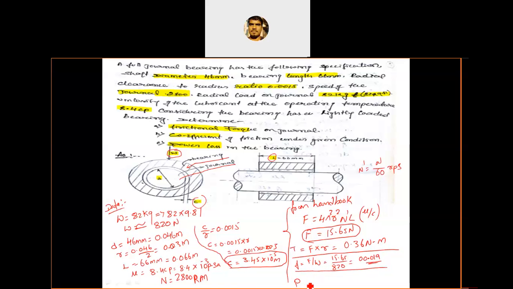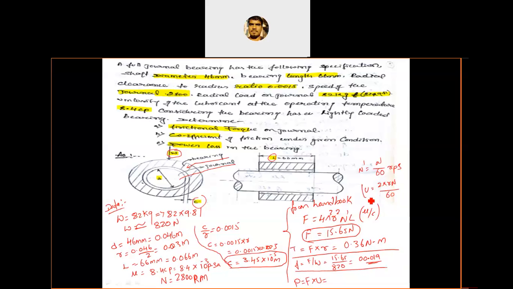The last one, power loss. We have the equation for power loss, F into U, or we can directly take the power equation from the data handbook. F we already have. U is 2 pi R n by 60.